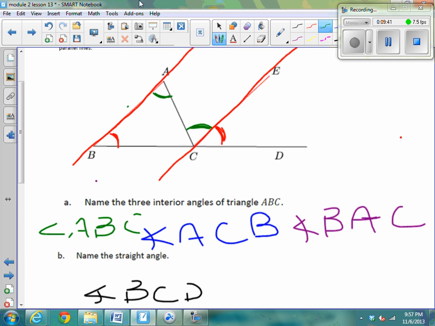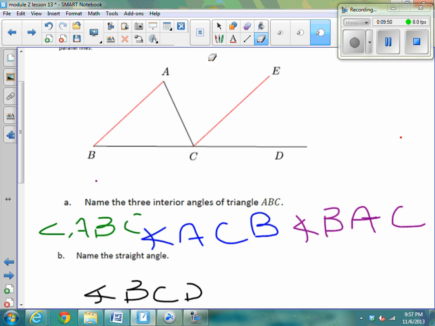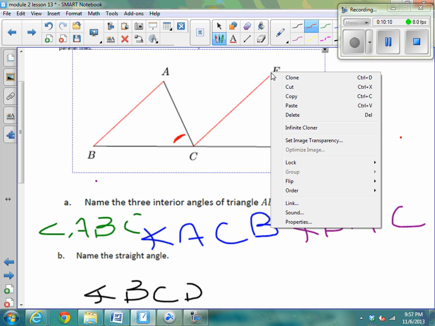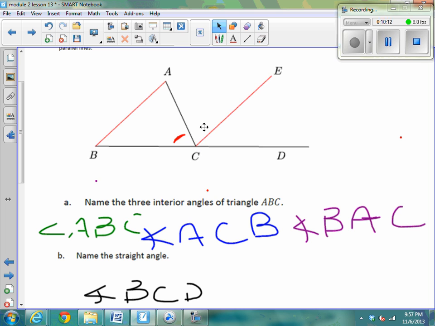Let's get rid of some of the markings, and let's go back and mark those angles again. So we're talking about angle BCA right here. And then we're talking about angle ECA, which is right here.